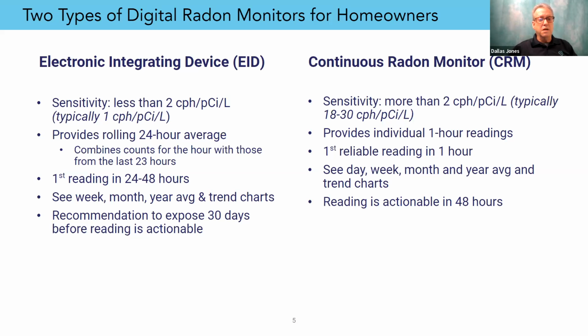The other devices are actually EIDs, and what I really want to accomplish in this presentation is to have you see the difference, not necessarily to make a claim one way or the other. I think when you see the difference, you can make up your mind about what you prefer.